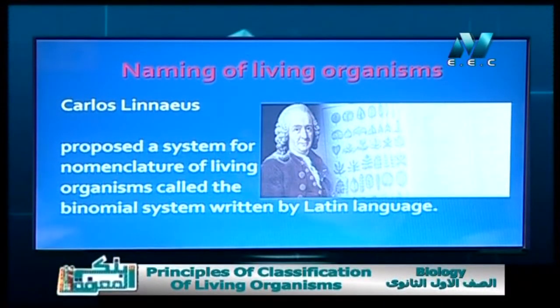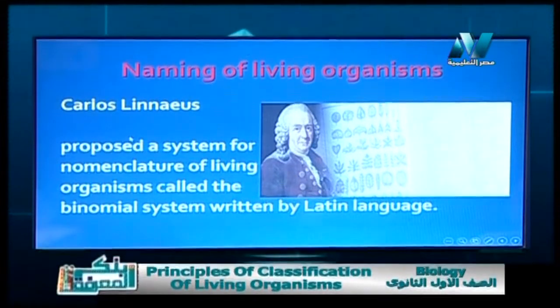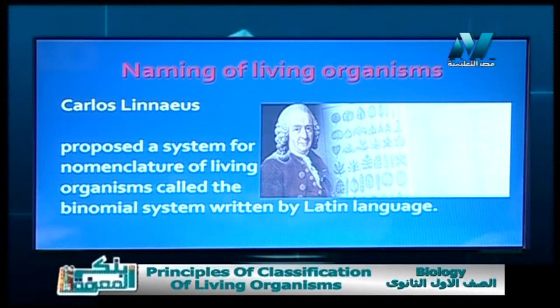For example, the English language is modified along the years, for example American English. So by using a spoken language, it could be changed. But Carlos Linnaeus used the Latin language to be protected from any change or modification. And this Latin language is known all over the world.